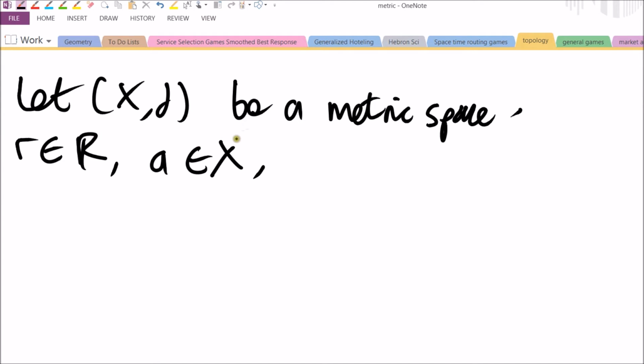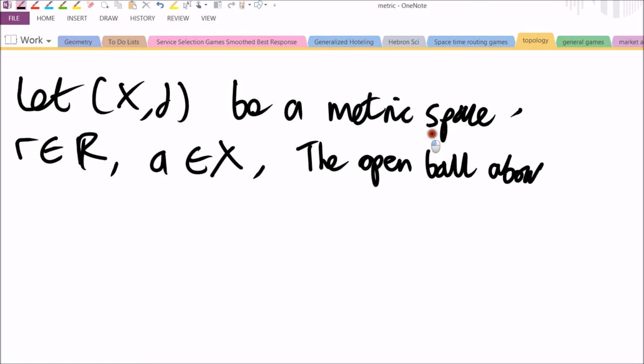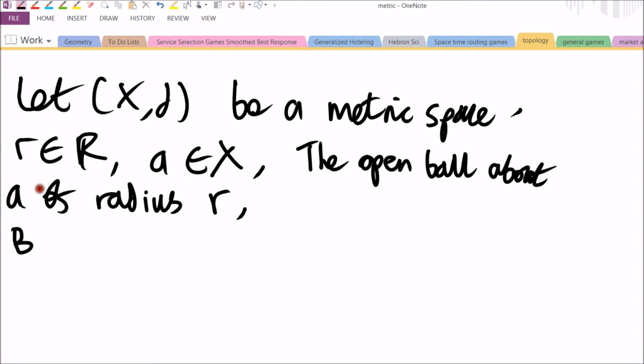So we're going to define the open ball about a of radius r, and maybe you can actually guess what form this has.